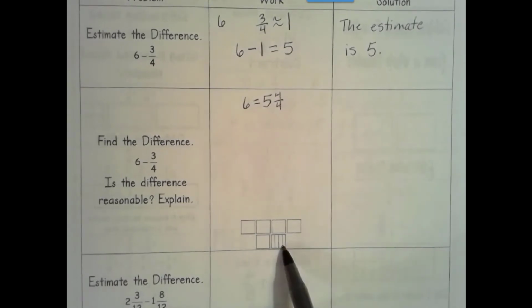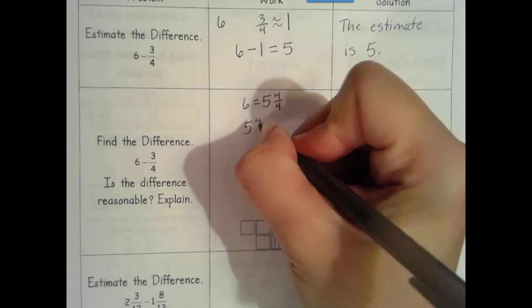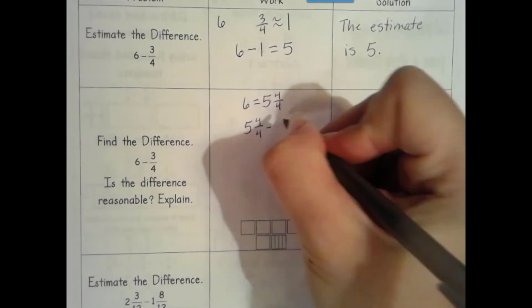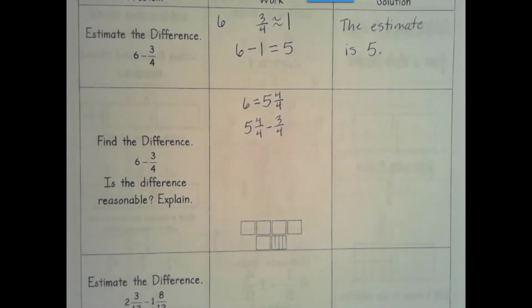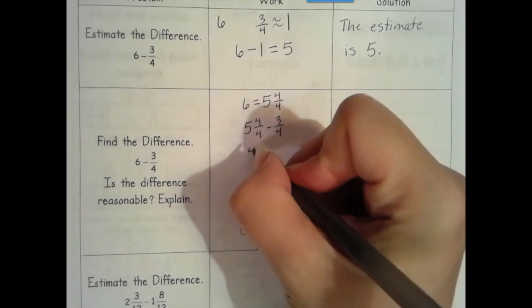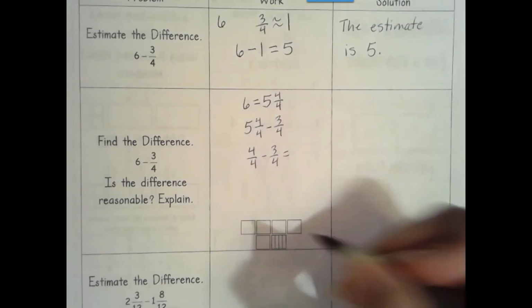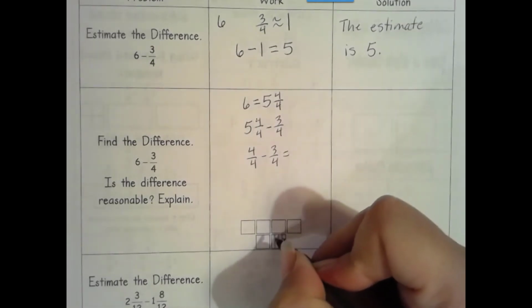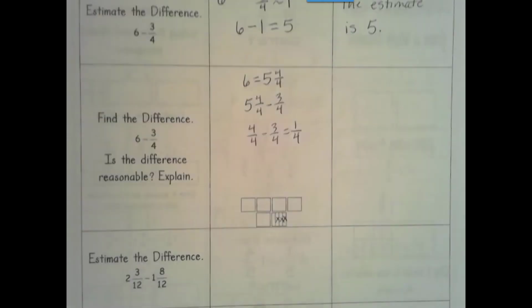I just renamed it, so now I have a fraction to be able to take away. So I subtract just the fractions. 4/4 take away 3/4. 4 take away 3 is 1. 1/4.